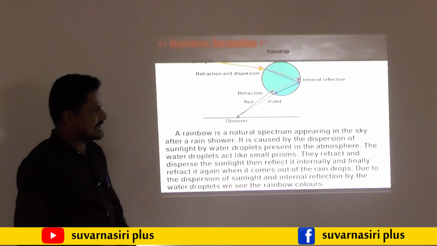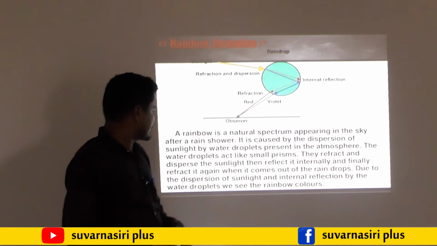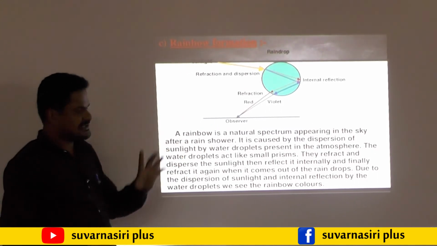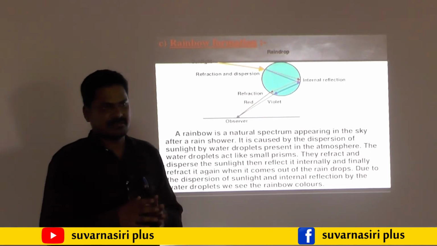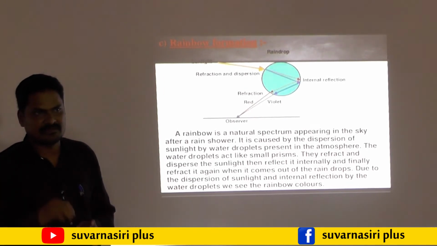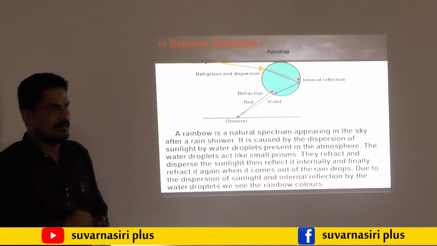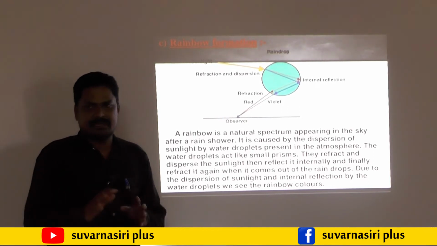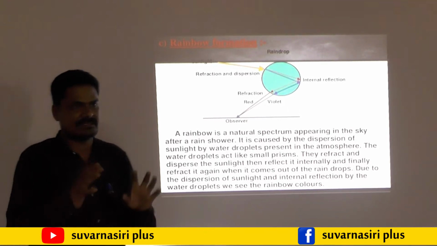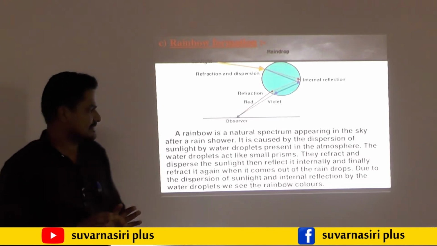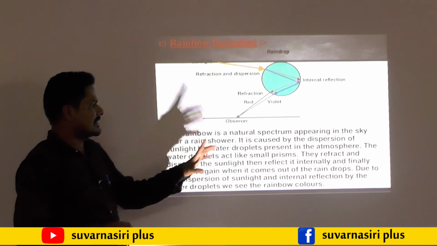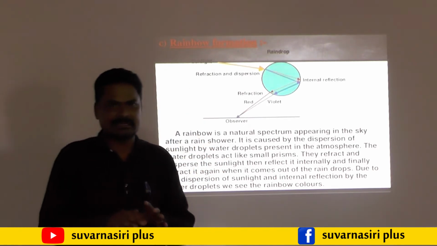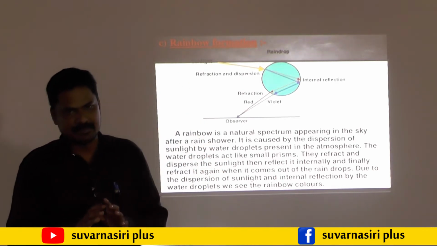A rainbow is a natural spectrum appearing in the sky after a rain shower. After the rain shower, we see droplets of rainwater on the various branches and parts of the leaves. It is caused by dispersion of sunlight by water droplets present in nature, which act like a prism.